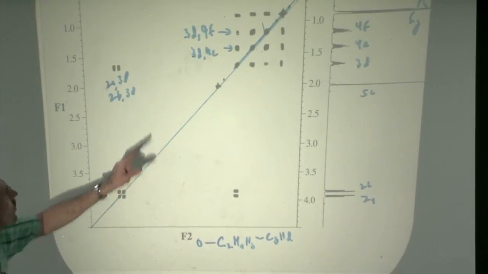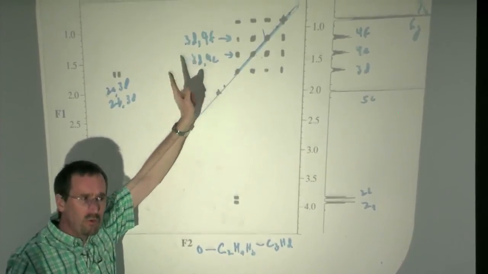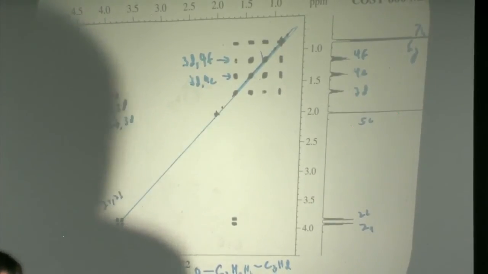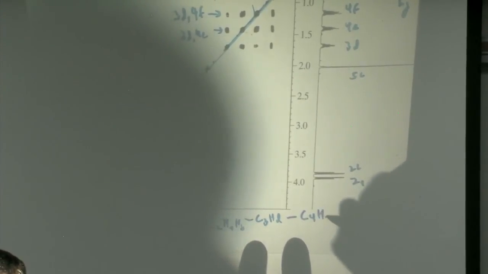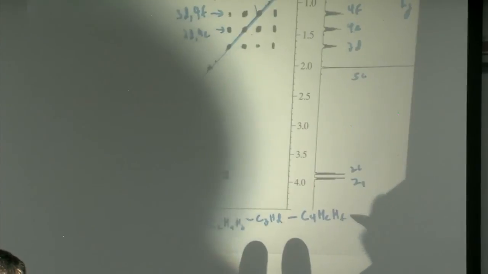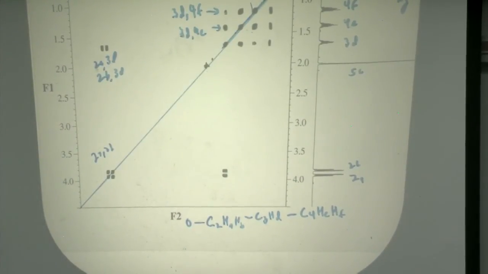And you say, oh, okay, that's useful. I have this methylene C4 with E and F connected. It's got to connect up. C4, HE, HF. And I'm building up this chain that's harder to put together than a usual coupling where we can just read off and see what's coupled with what.